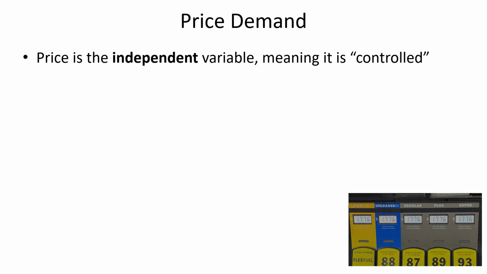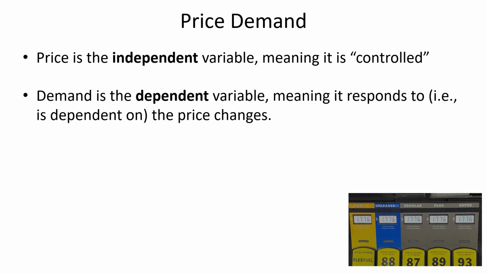Now that's not to say that you can have the same direct control over your costs, but you can control the price that you're selling for. Demand is dependent, which means it's the thing that's responding to price. There's a relationship between whether there's going to be more demand or less demand as the prices change. But you can't directly control demand.